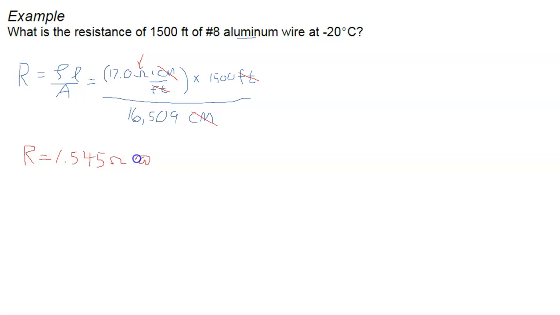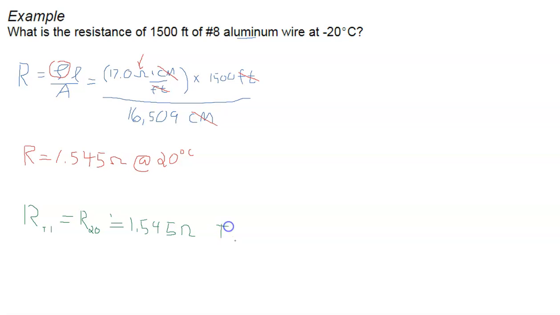Okay, so remember that because rho here is defined for 20 degrees, then that is at plus 20 degrees C. So now we want to say that RT1 is the resistance at 20, and that is 1.545 ohms.